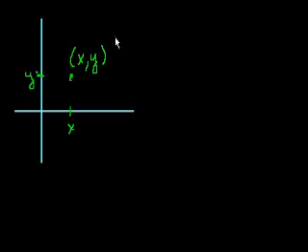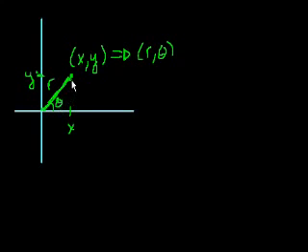So how do we convert this to polar coordinates, r, theta? Well, let's do the same thing that we did in the last video. Let's say this length is r, and this angle is theta. So just going into what we did in the last video, we use the Pythagorean theorem. We say that x squared plus, because this distance here is also y, right? This distance here is x.